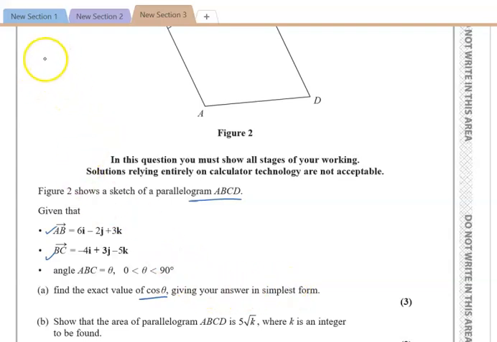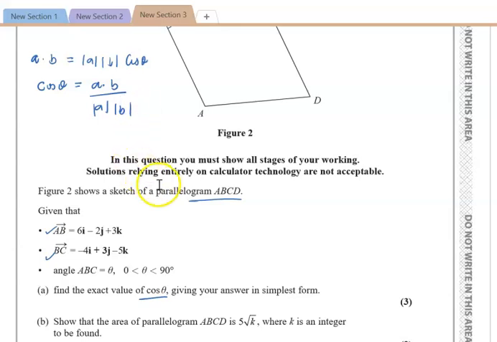Now, remember from the product rule that a dot b is equal to the modulus of a times the modulus of b times cos of theta, where theta is the angle between a and b. That means cos theta is equal to a dot b over the modulus of a times the modulus of b.